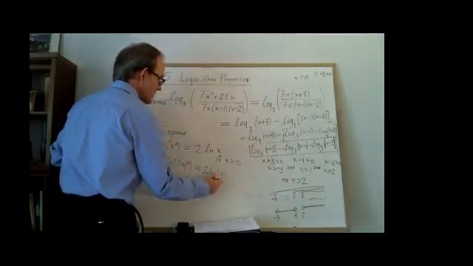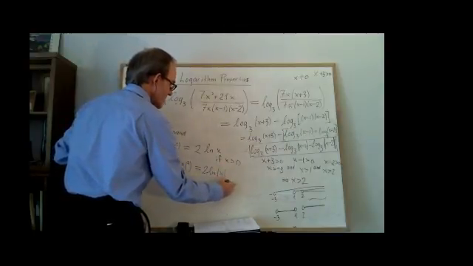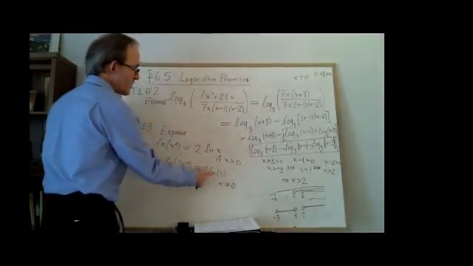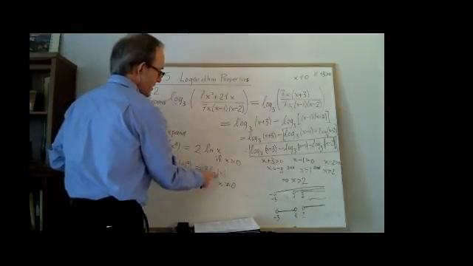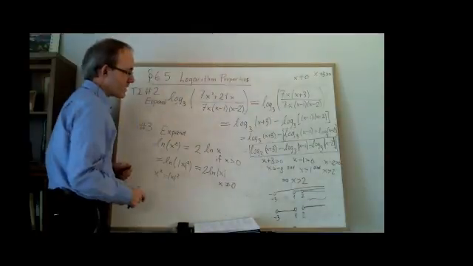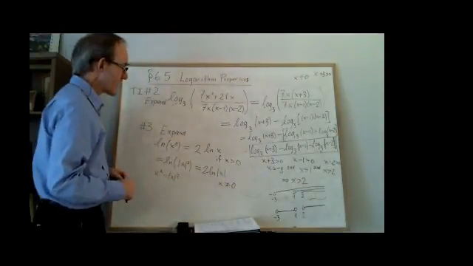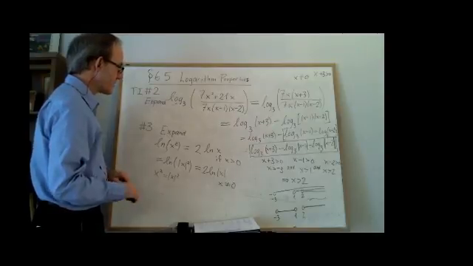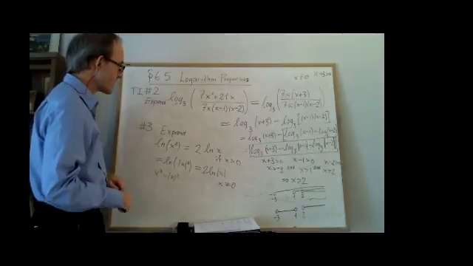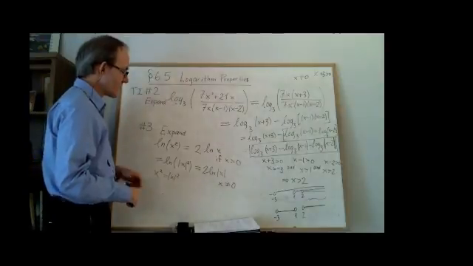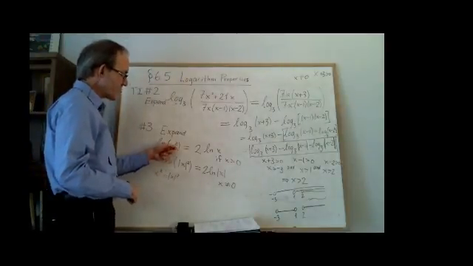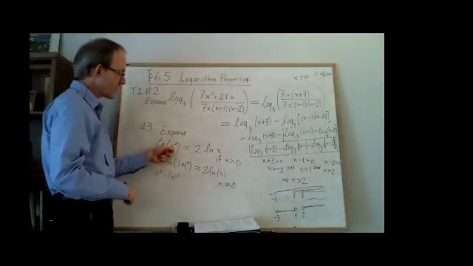And here you don't need a restriction on x, only that x is not equal to 0. But x could be negative, and what you're doing here is first taking the absolute value of that negative, and then you'll get a positive, and then you can take the natural logarithm of that, and multiply by 2.